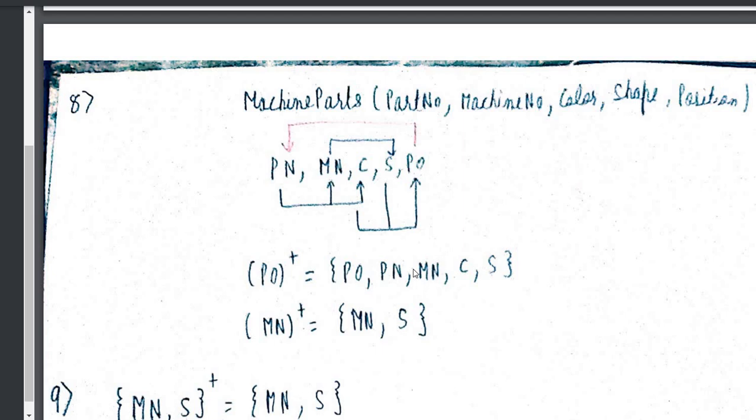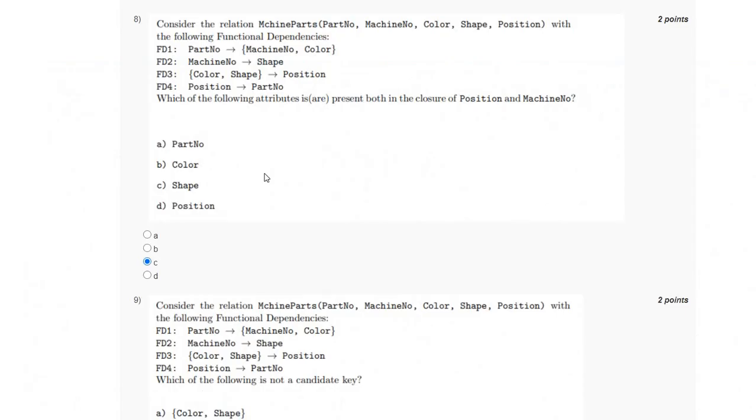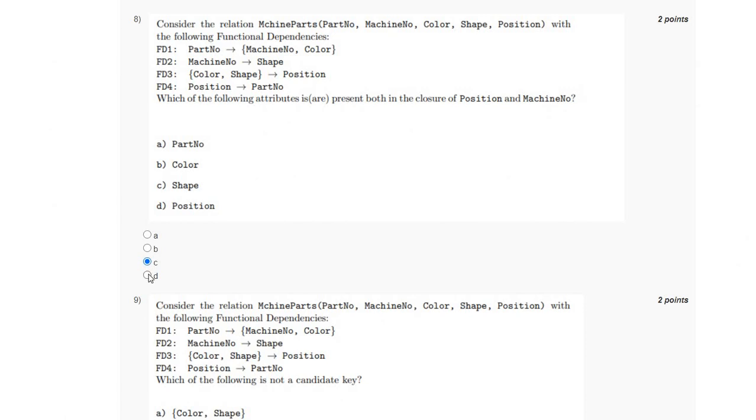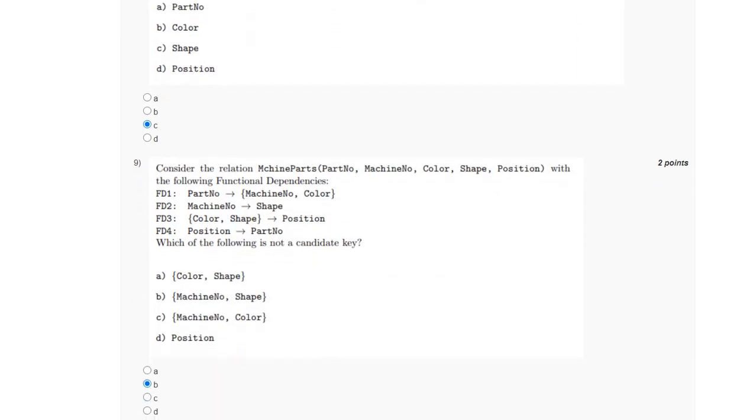We can see that MN and S both are common, but in our options we have been given only the position. So yes, the common is S, which is shape. So for this question 8, sorry, it was right, C. For question 8, C is the answer.